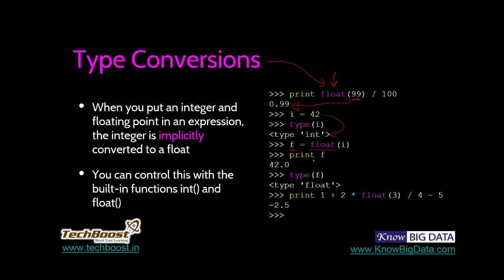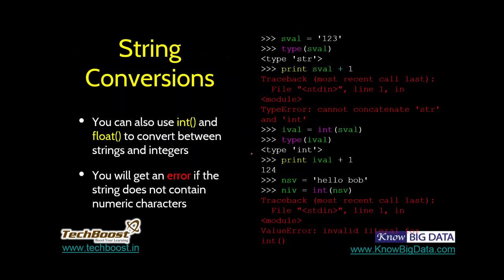Now we try to see the type of f and we get float. This is one of the conversion functions. We can do the opposite of it using the int function. The int function does the opposite. It will take the float and convert it to integer. Alright.